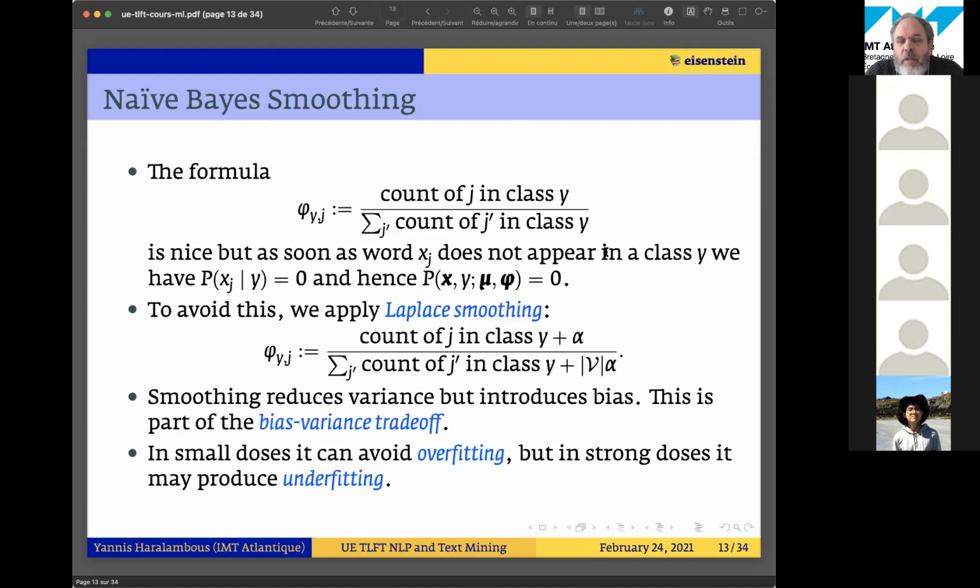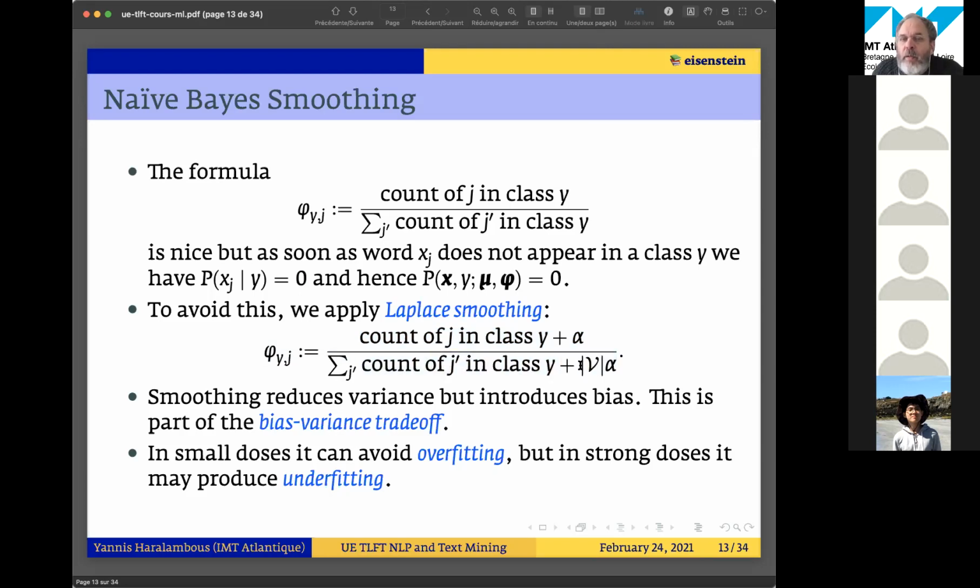To avoid this, we use what we call smoothing, Laplace smoothing. And smoothing will simply add a term, always the same, at least in Laplace smoothing. And when we add this term to the numerator, we have to add it also to each term in the denominator.